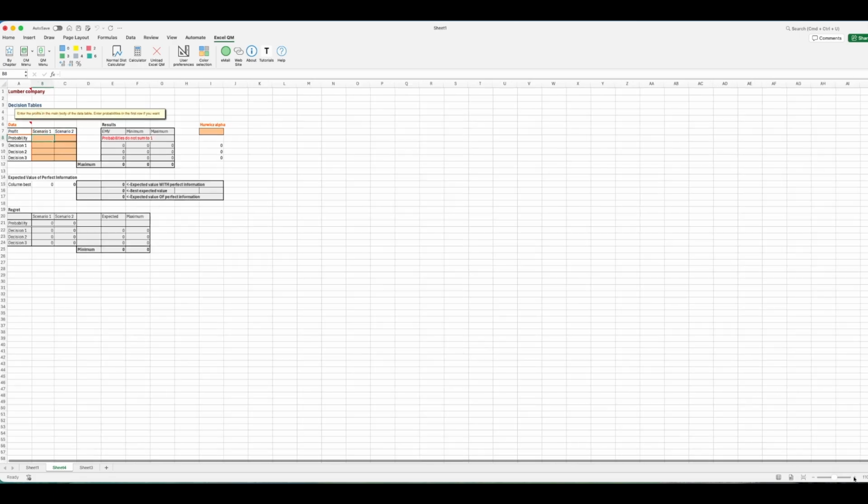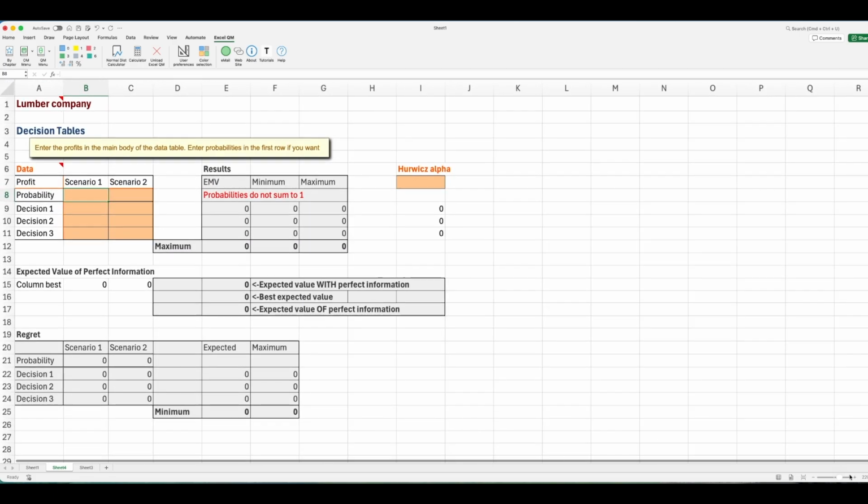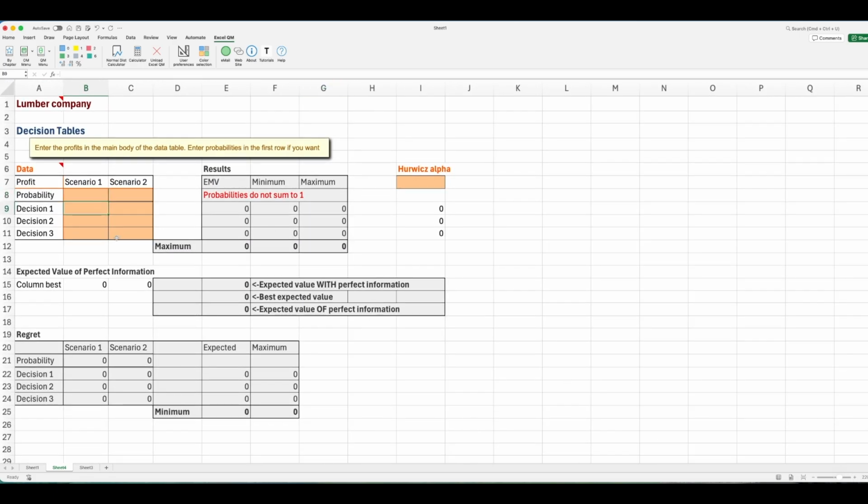Now we have this predefined structure. We can put the numbers here. Decision 1, I can also change the name, large plant. Decision 2 is small plant, and decision 3 is do nothing. Here is favorable market.